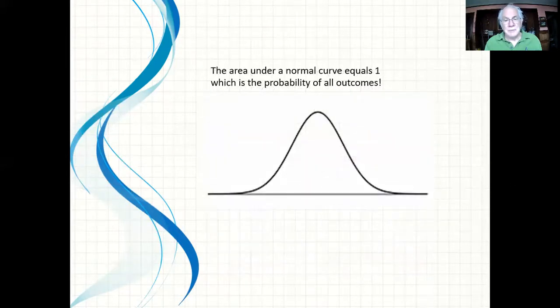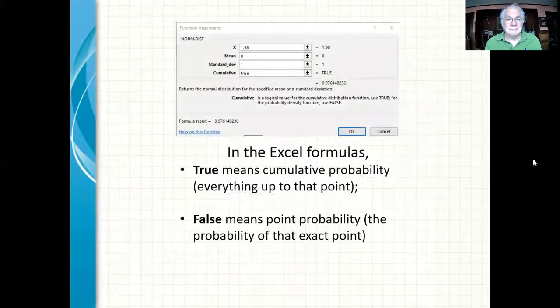Remember, it's important to remember that the area under the total curve is equal to 1. That's the probability. So you can always work with things in relation to that 1. It's a really useful thing to keep in mind here. This came up last week when we talked about discrete probability distributions, the difference between true and false.